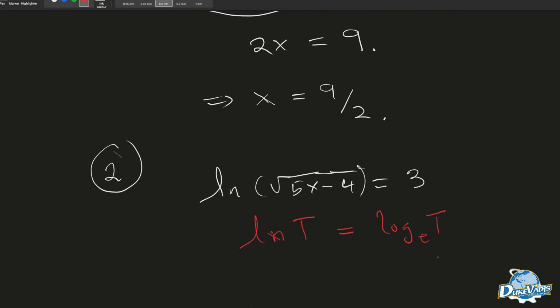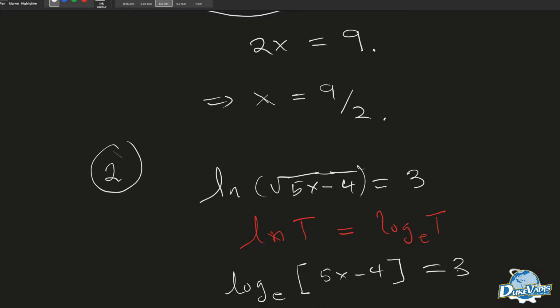Because of that, the whole equation will change in form. To make it easier for us, this equation can be written as log to the base e of (5x minus 4) equals 3.